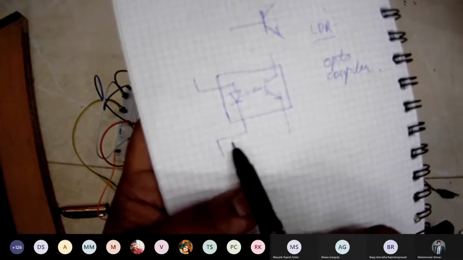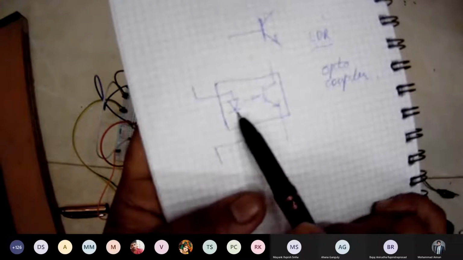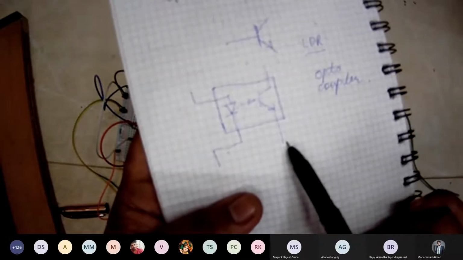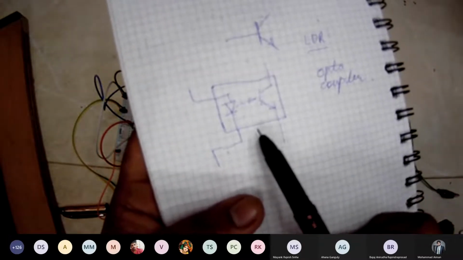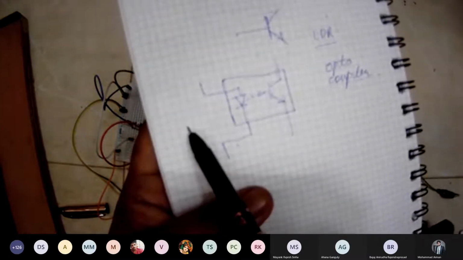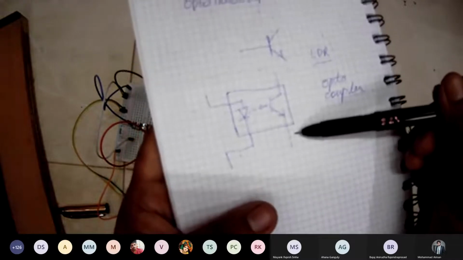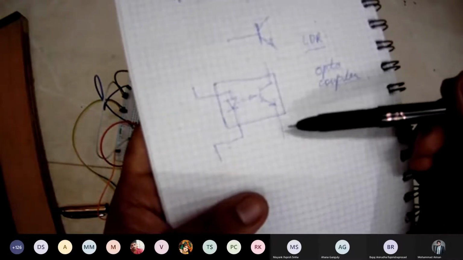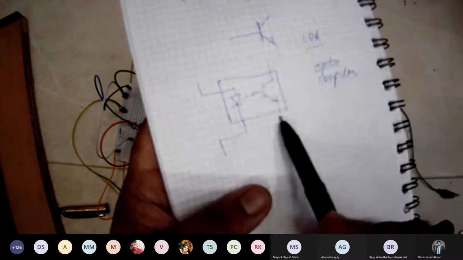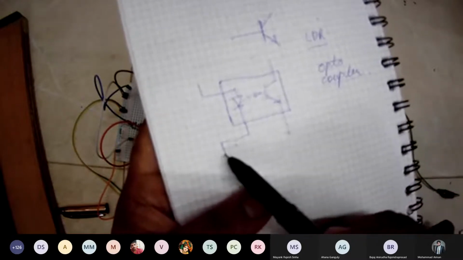If I call this the primary and this the secondary, then when the primary turns on, the secondary will turn on. And this achieves very good isolation. It's called an optocoupler because it's coupling the primary circuit with the secondary circuit. So there is no question of backfeed. There is no way the secondary side will backfeed into the primary side.